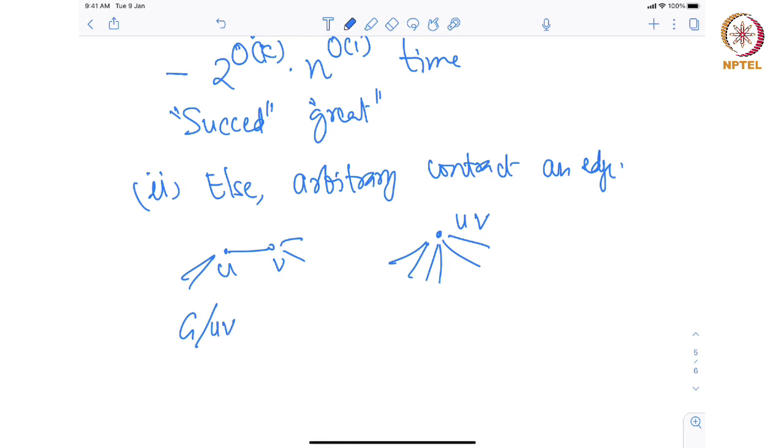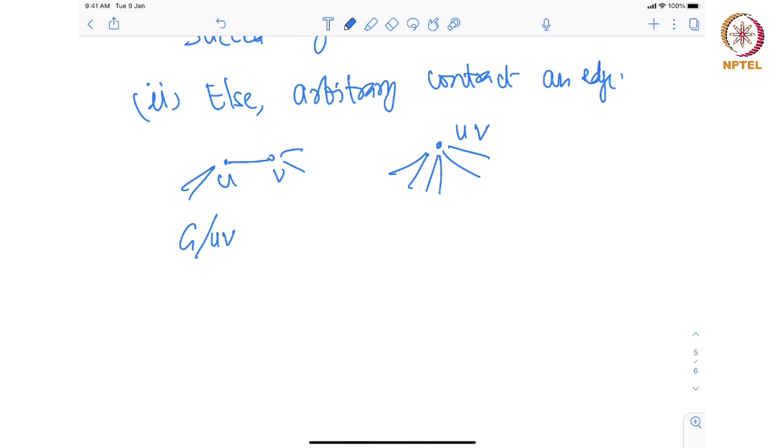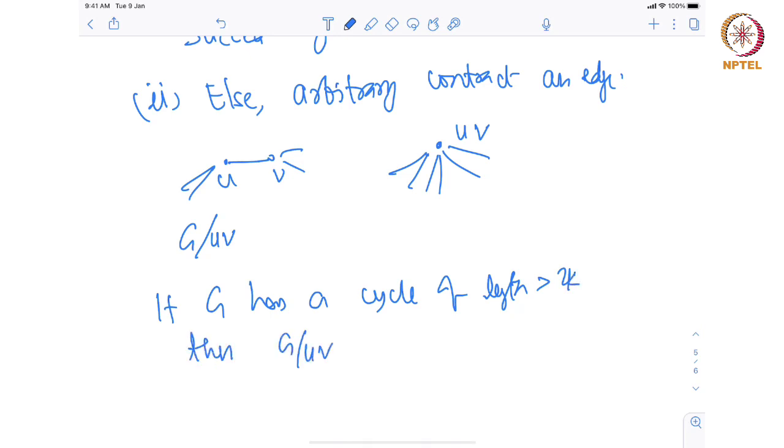Now, I claim to you that if G has a cycle of length at least 2k, then G contracted uv has a cycle of length greater than or equal to k.